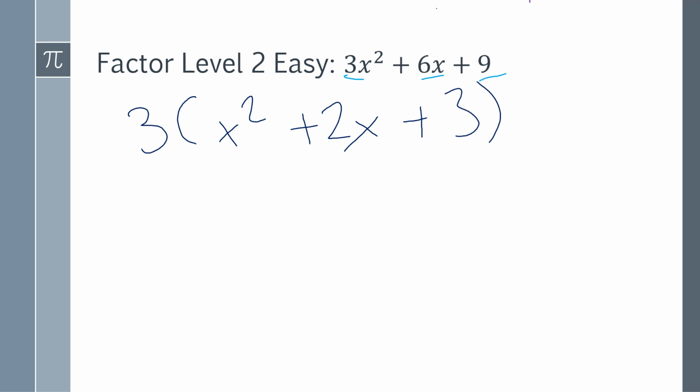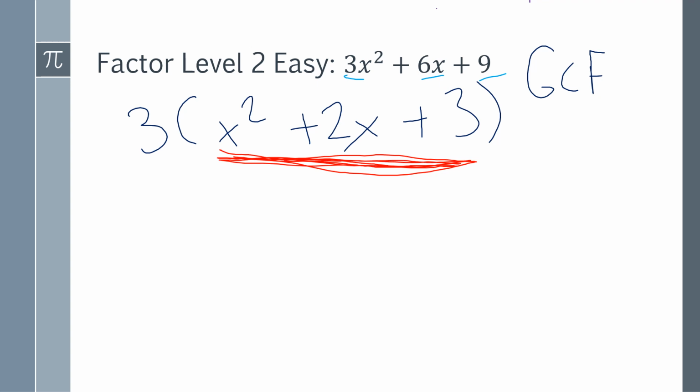Starting off. Now, this is by GCF. Now, please be aware that when we go through Algebra 2, we're going to have to do something extra with that. Whatever's inside the parentheses, we're going to do extra stuff to it. Right now, this is okay for a level 2 easy.